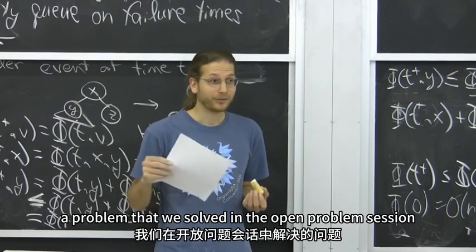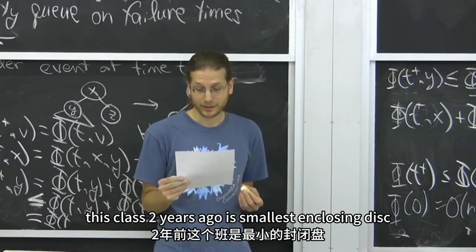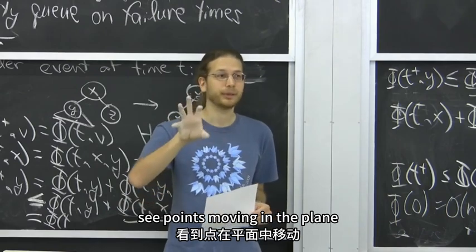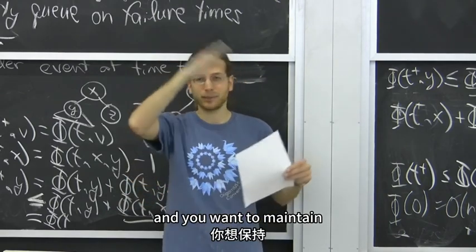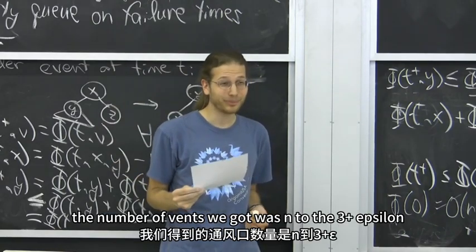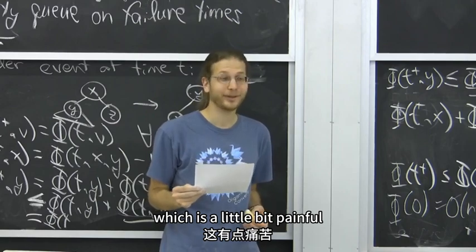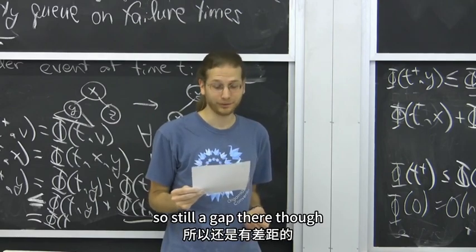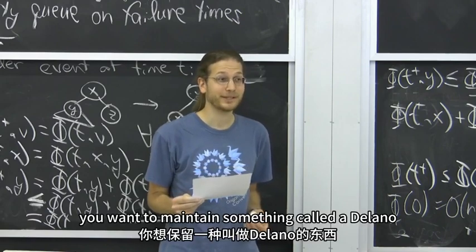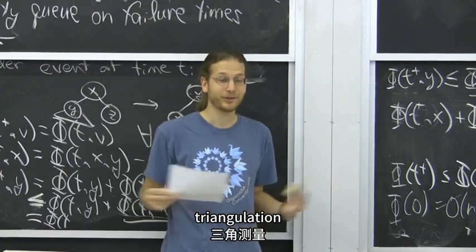A problem that we solved in the open problem session in this class 2 years ago is smallest enclosing disk. So you have points moving in the plane, and you want to maintain the smallest enclosing disk of those points. The number of events we got was n to the 3 plus epsilon, which is a little bit painful. Best lower bound is n squared. So still a gap there. That's closely related to another open problem, which is you want to maintain something called a Delaunay triangulation. If you know what that is, great.